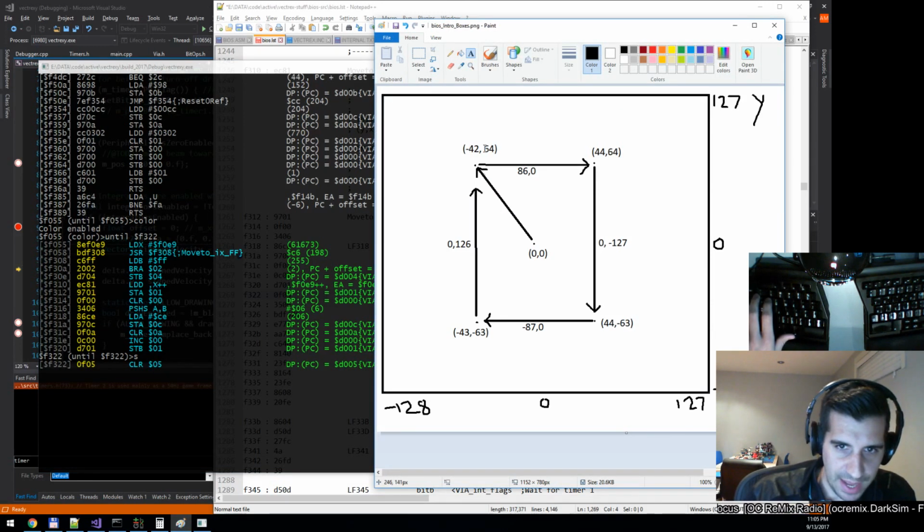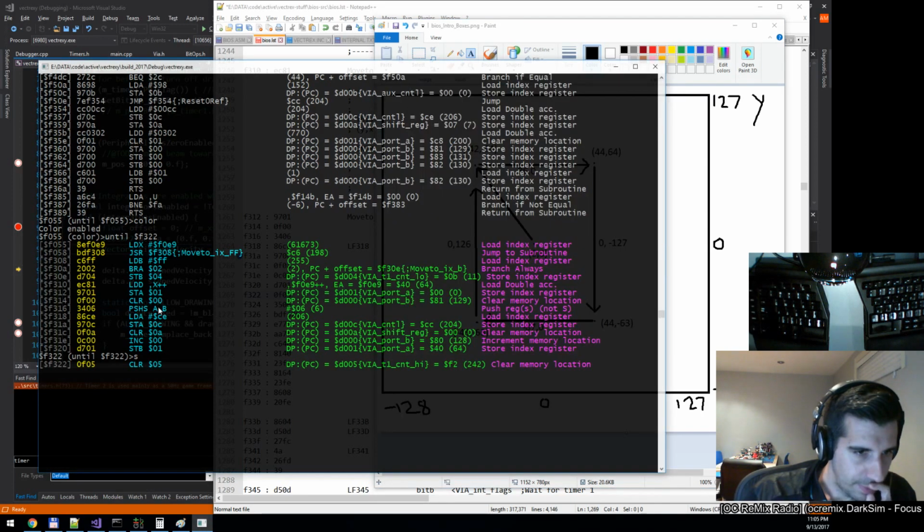This would have been in A and this would have been in B, because they store YX all the time. Now storing A to 0, 1 here means we want to set Y in there. By clearing this, we enable the mux, which would get that value into the Y register.